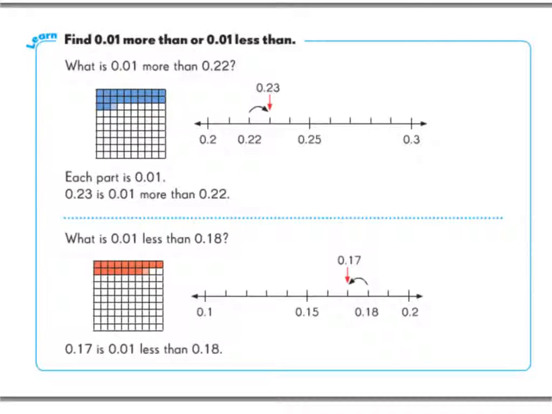We're just going to go up one space to 23 hundredths. We can explain this. Each part is 1/100th. So we just have to move up one square. And the same with less than. We move down one space, or we take away one square. So this is 18 hundredths. 1 less than 18 hundredths is 17 hundredths.